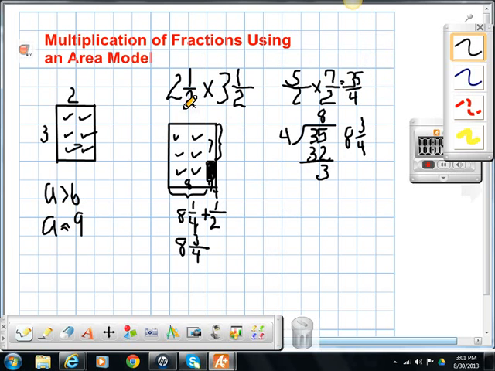Remember, I knew that the answer was close to 9 before I began. I rounded 2.5 to 3. I rounded up. And I rounded 3.5 to 3 by rounding down.